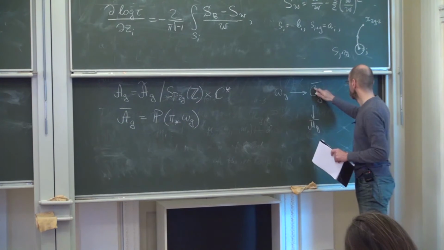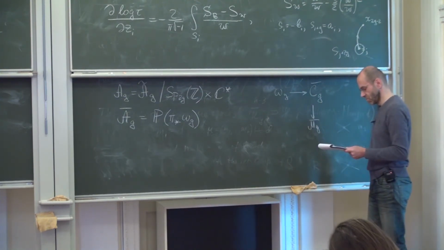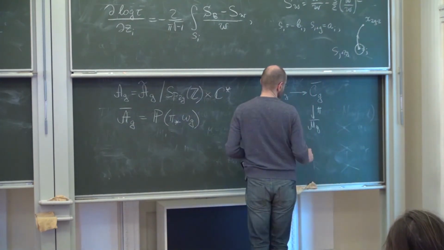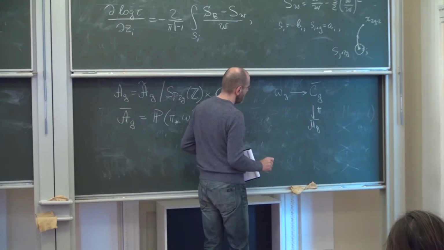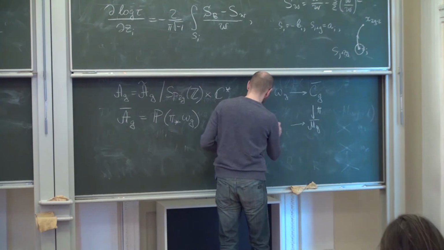It's a dualizing sheaf on each fiber of the universal curve. And we denote this map by pi. Then here we have the push forward.